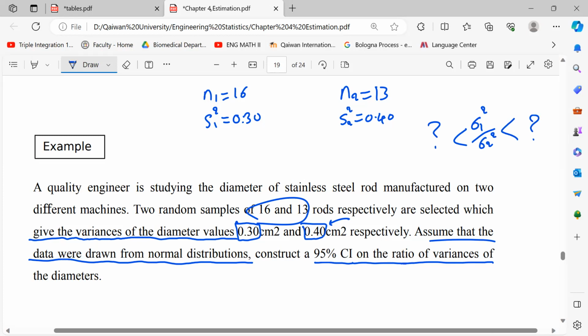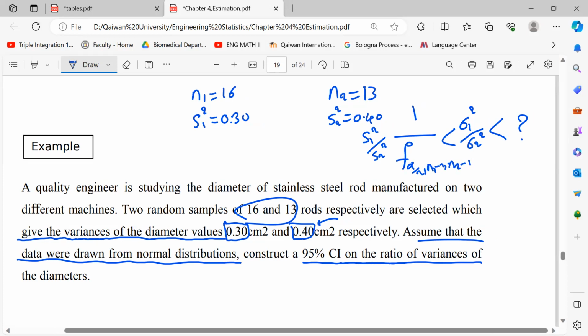In this case, we need F distribution. We need F distribution. And the rule is S1 squared over S2 squared, then we have 1 over F of alpha over 2, N1 minus 1 and N2 minus 1.